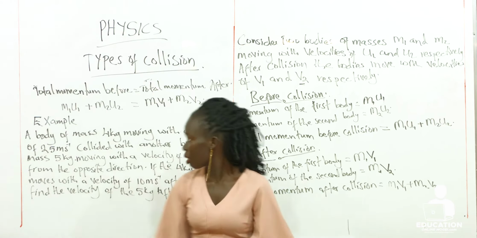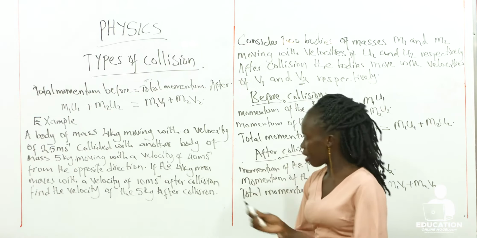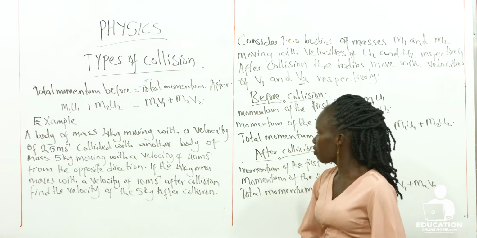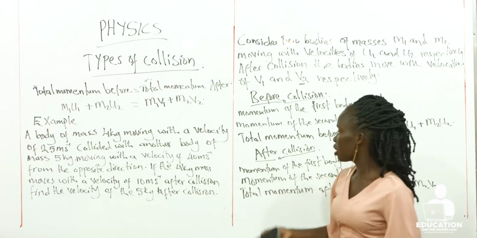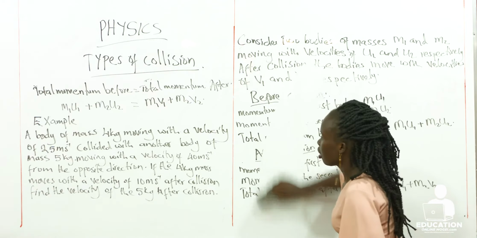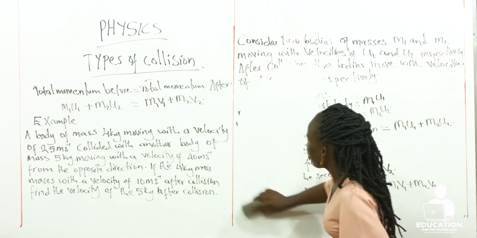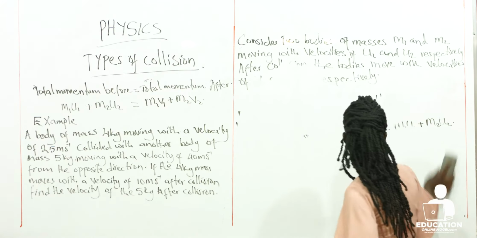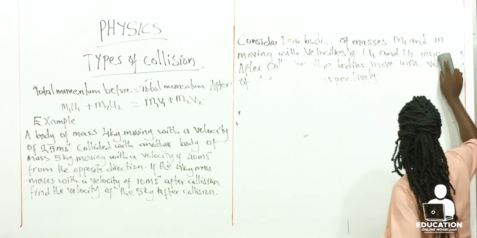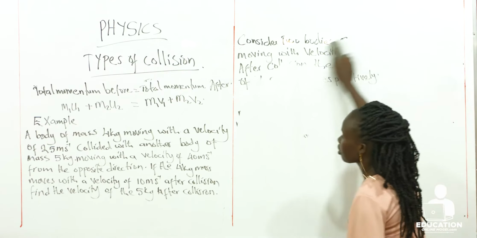So we are saying that a body of mass 4 kilogram moving with a velocity of 25 collided with another body of mass 5 kilogram moving with a velocity of 40 meters per second.